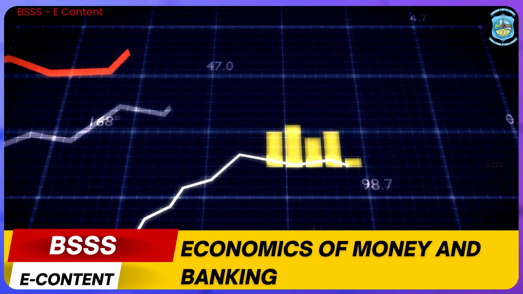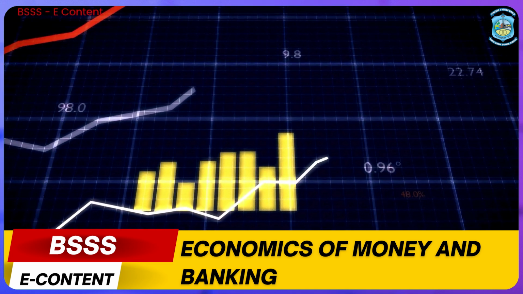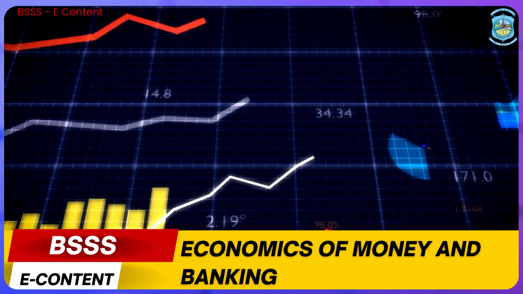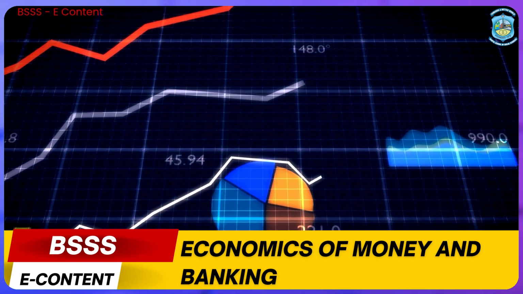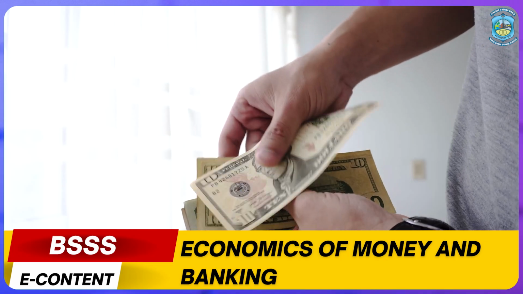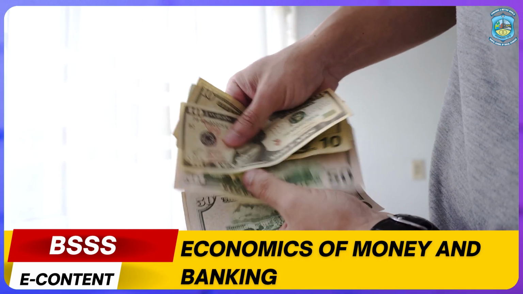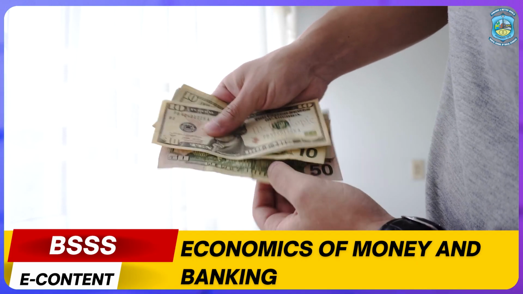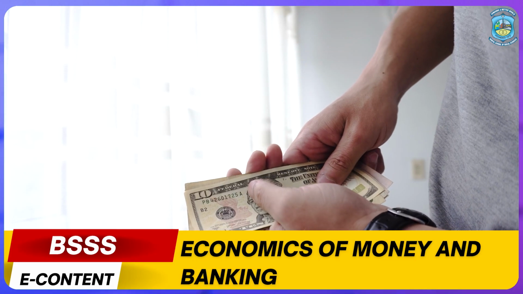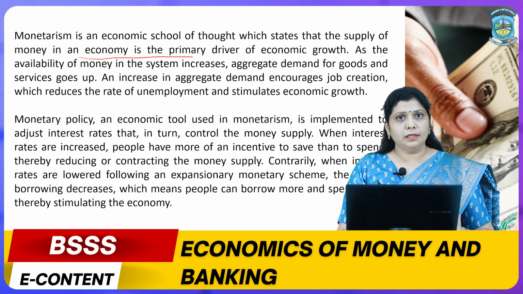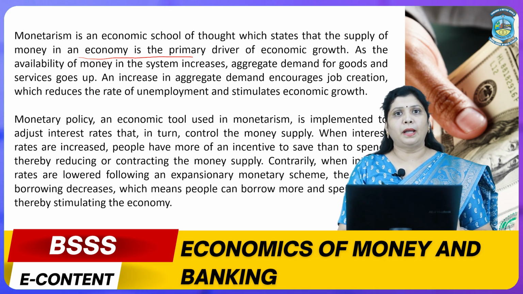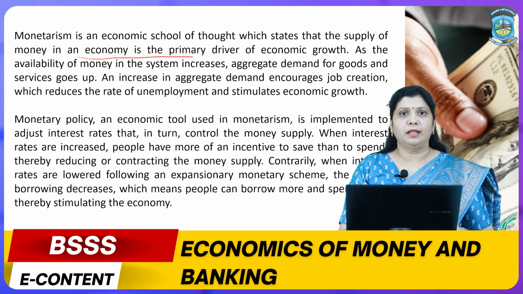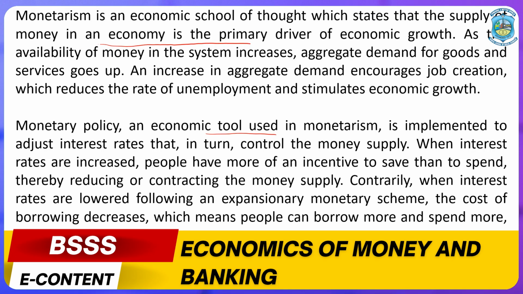Because when the money supply increases, the labor income or wages will increase, which means their purchasing power will increase. So the aggregate demand will increase, and as a result the entrepreneur or businessman increases supply or production, and vice versa.